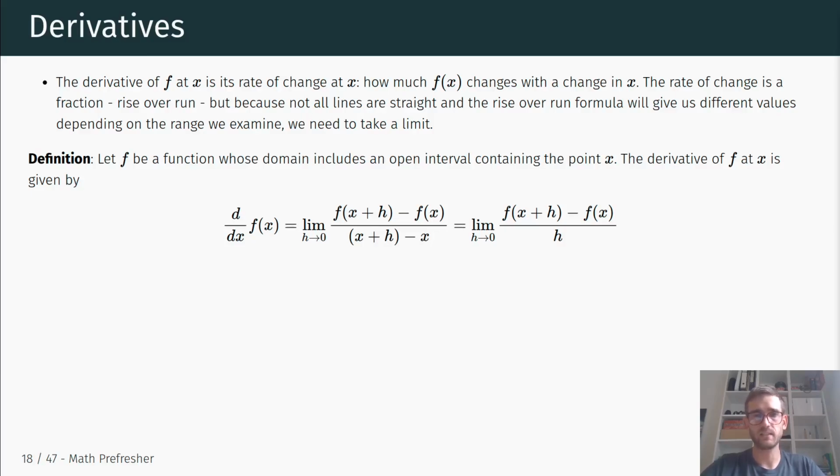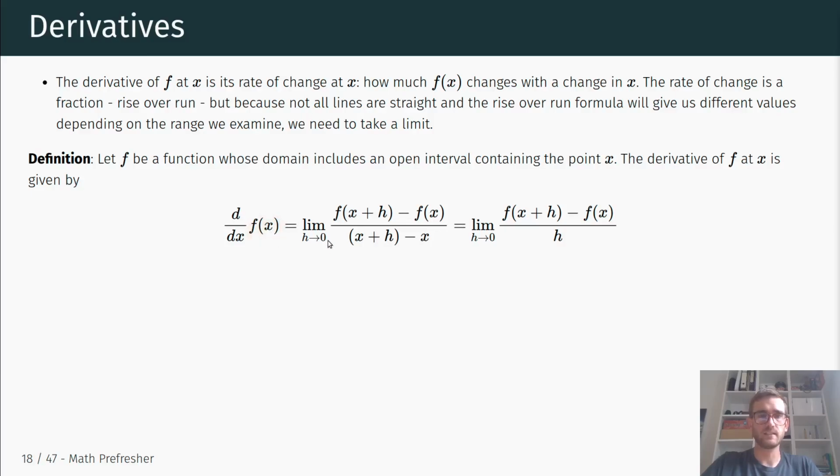So the function itself is defined at point x and is defined for an open interval around that point x, okay? Then the derivative of f at this point x is given by this limit. We denote this as d dx, the derivative with respect to x of our function f of x.